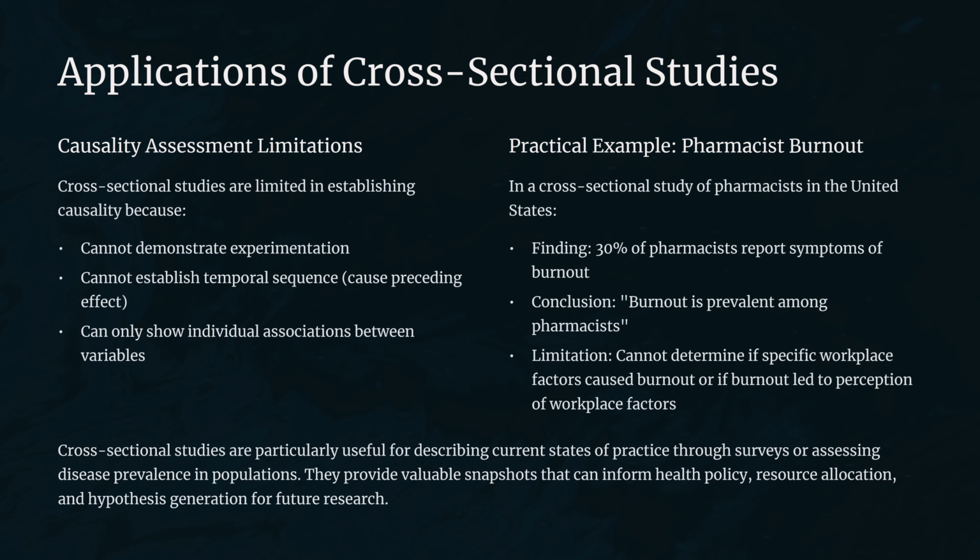And as I've already said 3 times, we really can't establish causality, right? Because there's no experimentation. That's one of the things we always look for in this class. There's no temporal sequence. It's one time point, a single time point. And you can only show associations between variables, okay? So it really is not checking many of those boxes we're concerned about in this class.